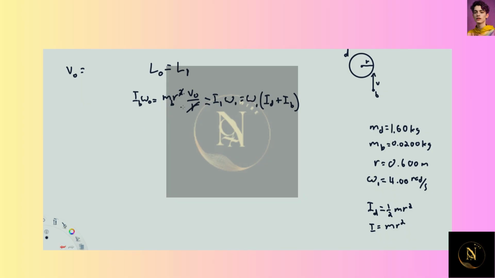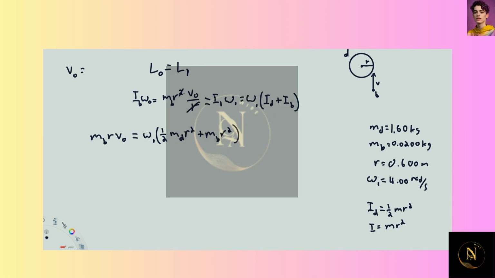We already know what the moment of inertia of the bullet is. So we can simplify this down a bit more. m_b r v naught is equal to omega_1 times moment of inertia of the disk, 1/2 m_d r squared, plus m_b r squared.